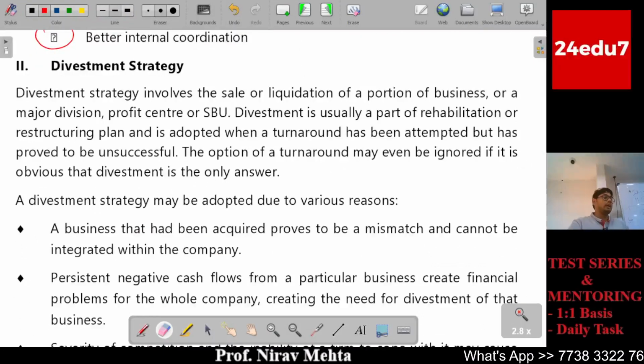Very important, very important. Listen here. Divestment. Divestment strategy involves the sale of a portion, which is a very important term, or a unit.